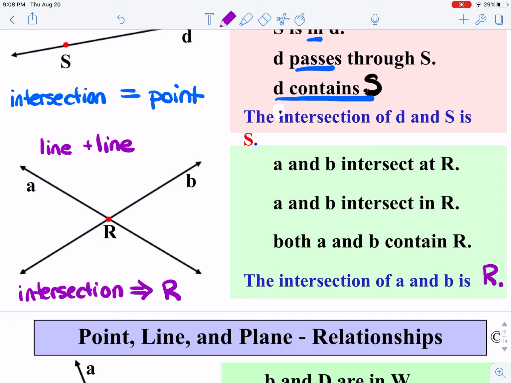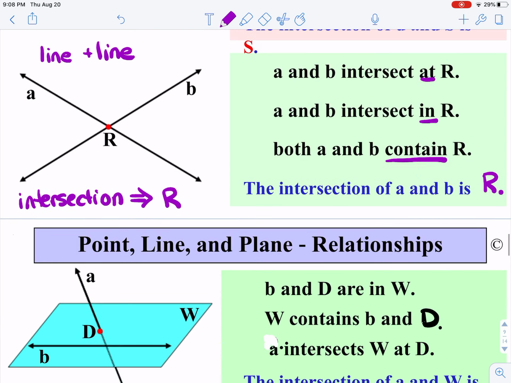A and B intersect at R. You can say they intersect in R. You can say they both pass through R. You can say they both contain R. And then I'd probably say the most formal way is just to call it an intersection and say that intersection is R.